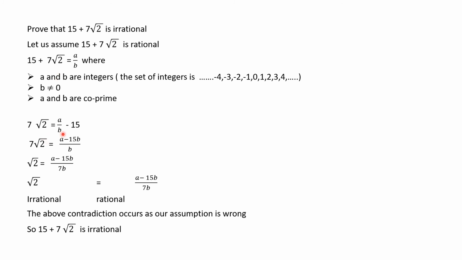Here 7 root 2 equals a by b minus 15, so root 2 equals a minus 15b by 7b. Root 2 is irrational, but according to our assumption that 15 plus 7 root 2 is rational, this is rational. This contradiction occurs as our assumption is wrong. So 15 plus 7 root 2 is irrational.